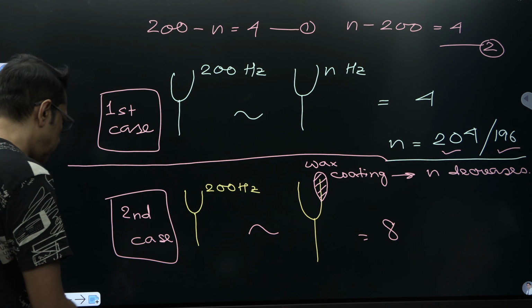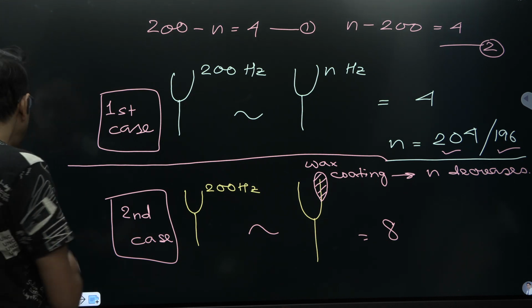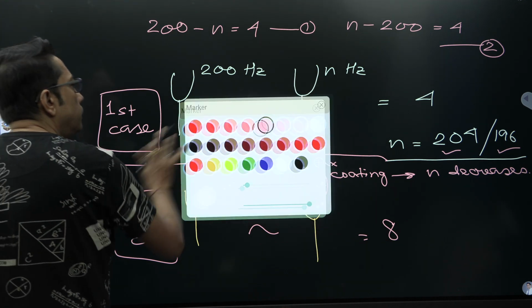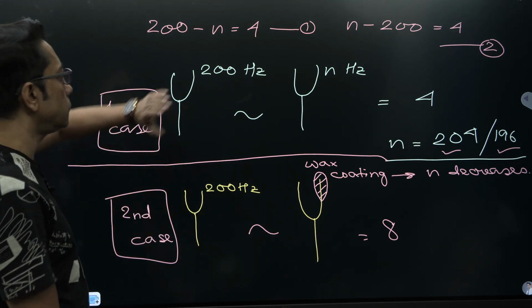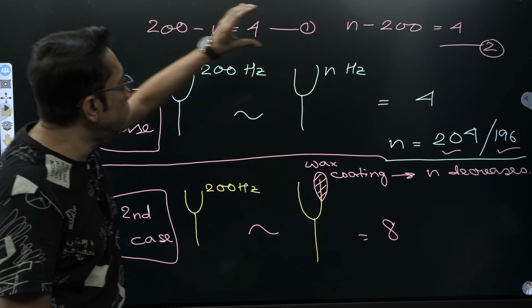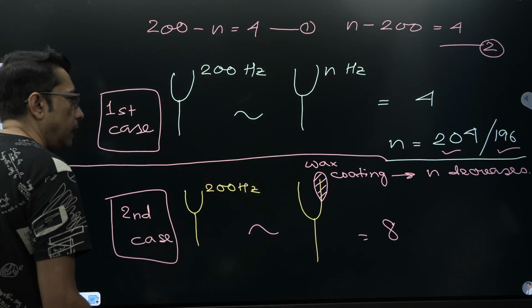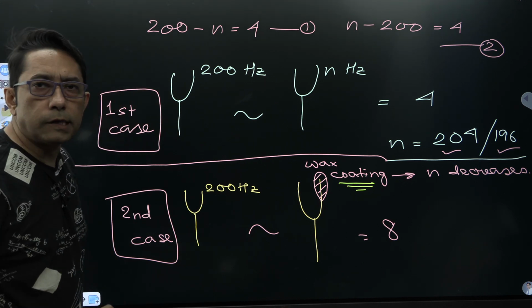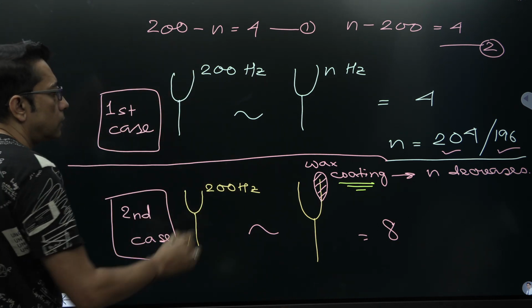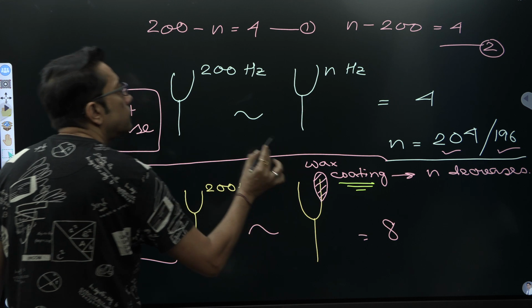How? Tell me one thing, in which of these two equations, now focus on the equations, nowhere else, focus on the equations. In which of these two equations, if this operation result is applied, what result? After this operation, the frequency has decreased.